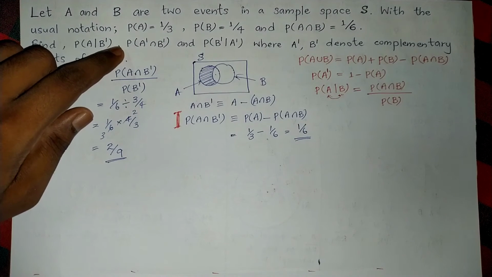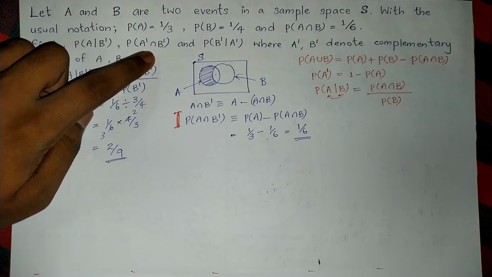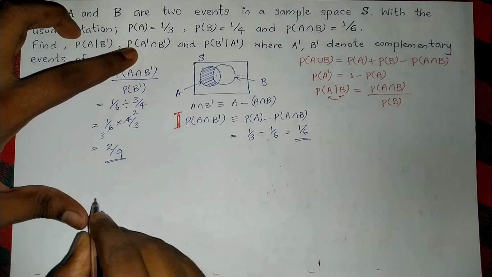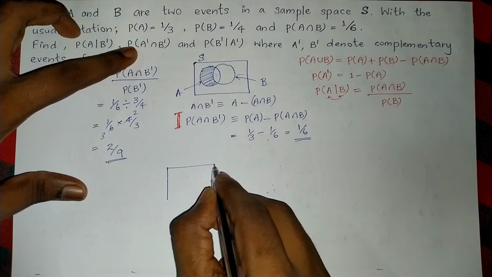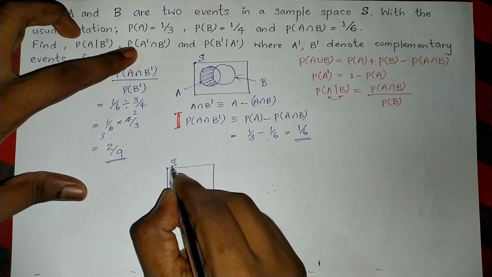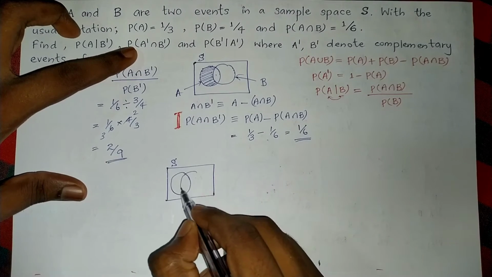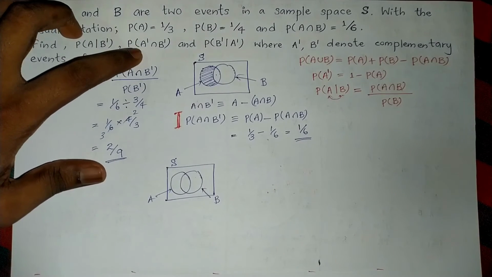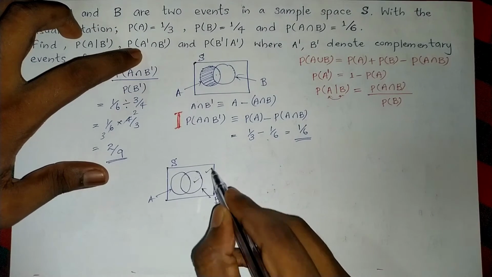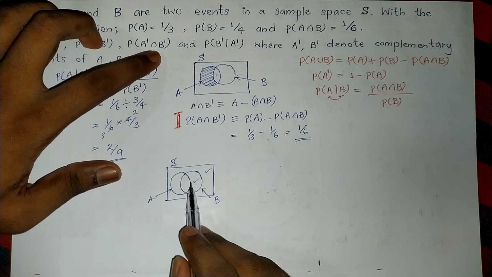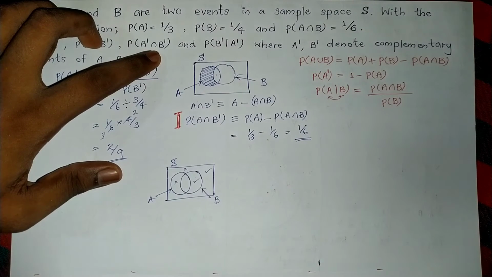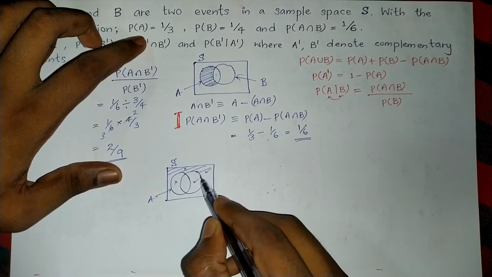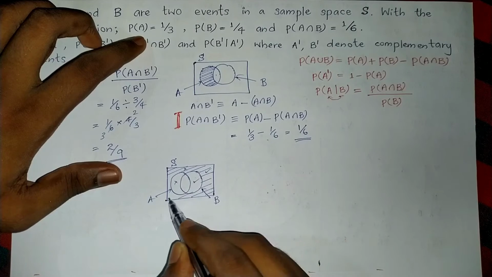Second one, we have to calculate the probability of A dash intersect B dash. To find this, again I have to consider a Venn diagram. Inside this sample space we have two events, A and B. A dash is this region except A. B dash is this region except B. Intersection of these will be this outside region of the sample space.